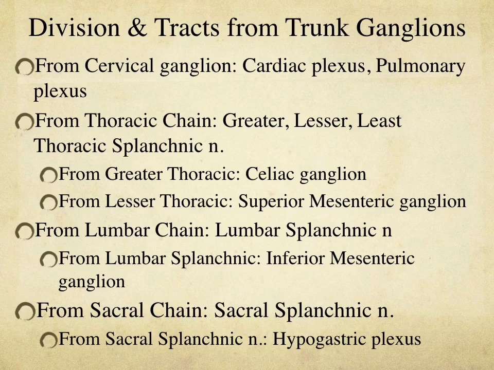From the lumbar chain, we get the lumbar splanchnic nerve, which is going to give rise to the inferior mesenteric ganglion. From the sacral chain, we get the sacral splanchnic nerve, which is going to give rise to the hypogastric plexus. Most of what those plexuses and those ganglions are going to do is regulate the rate at which materials are moving through the alimentary canal, as well as regulate the release of urine via micturition.